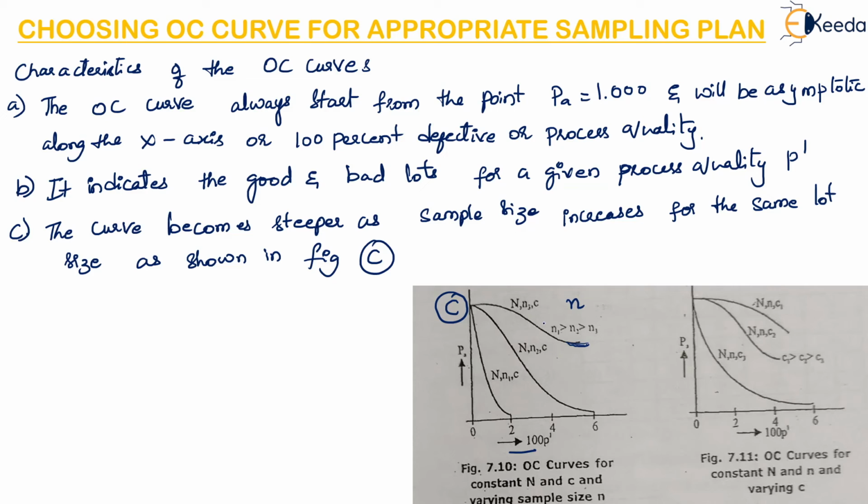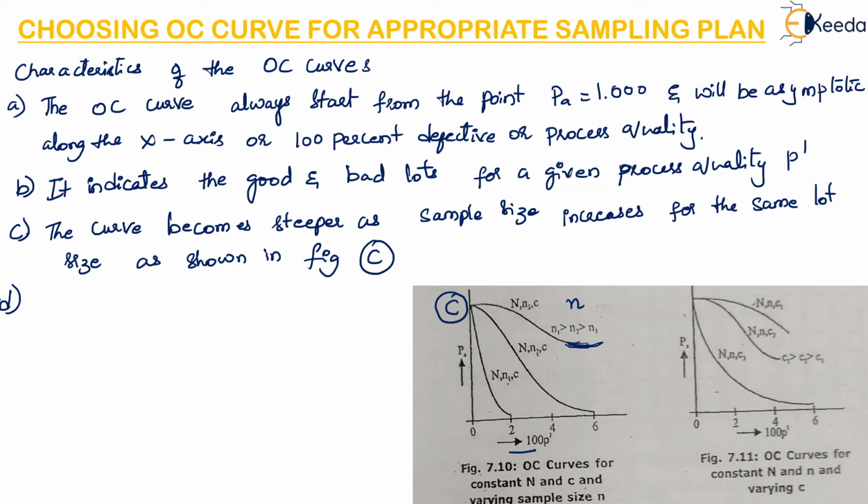Here it is n1, here n2, and here n3, which is greater than n1 and n2. You can see it is becoming steeper.